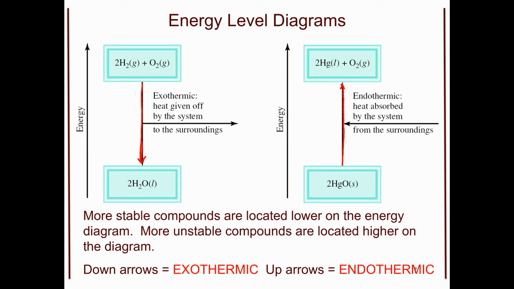Well, how do I do that? I must add energy in. So as you can see here, if I have an arrow going up, I need to give my reactants energy in order to have more unstable products. This is the visual way of describing an endothermic reaction.